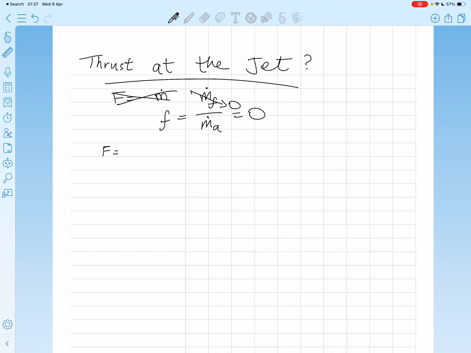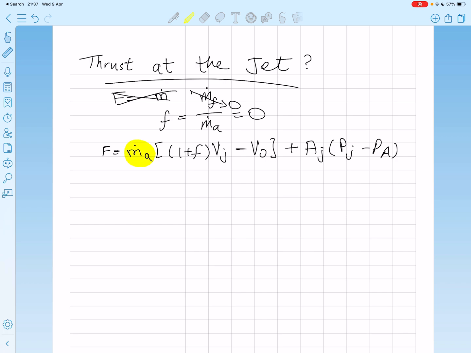And we know that the thrust, F here denotes thrust force. The equation is as follows. I'll explain every time.